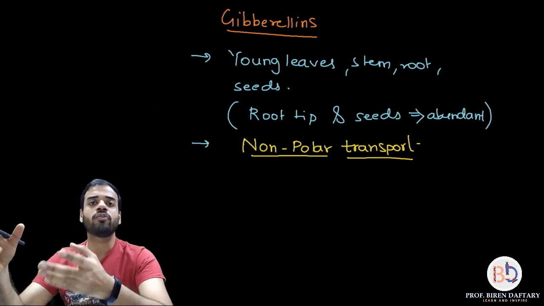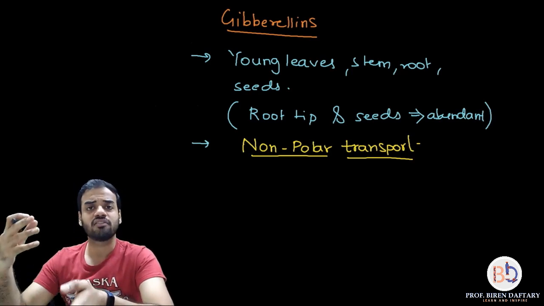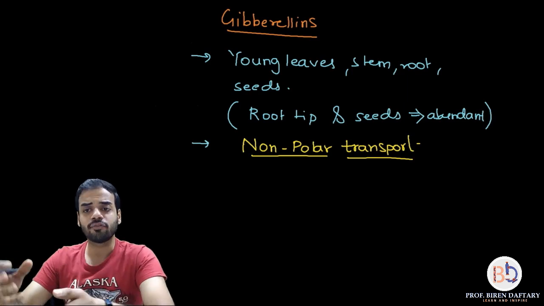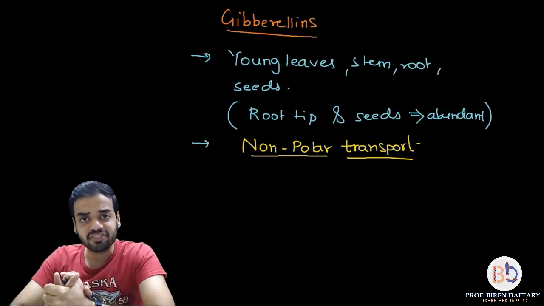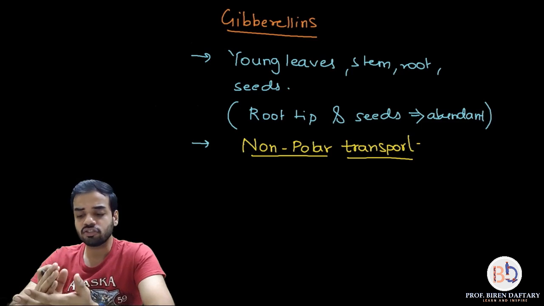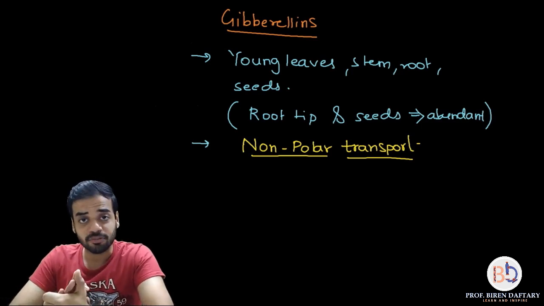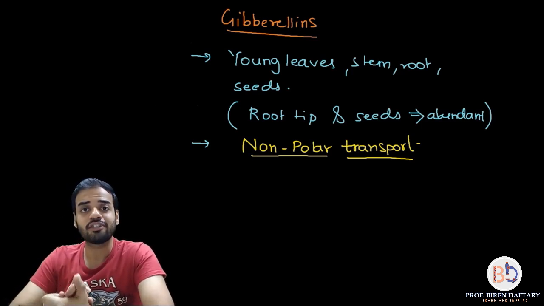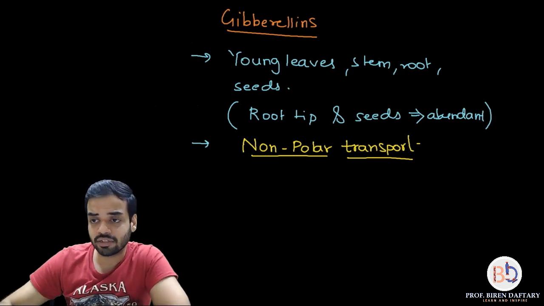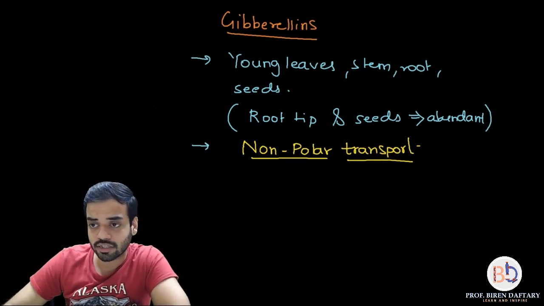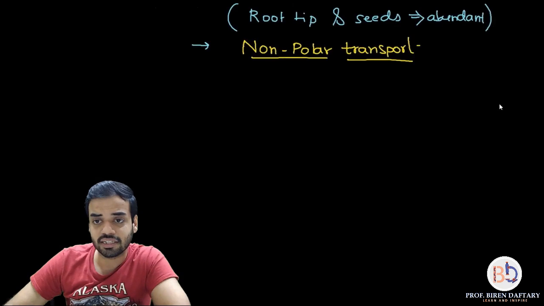How were gibberellins discovered, who discovered them, where are they coming from? So coming to the history part, gibberellins were basically discovered by a Japanese scientist called Kurosawa. Let me write down his name over here so that it becomes easy.